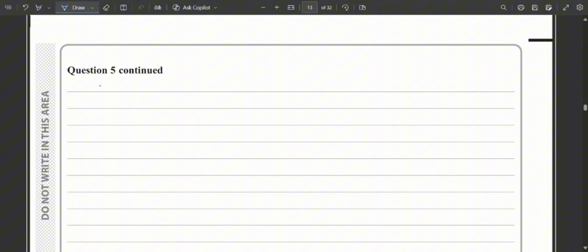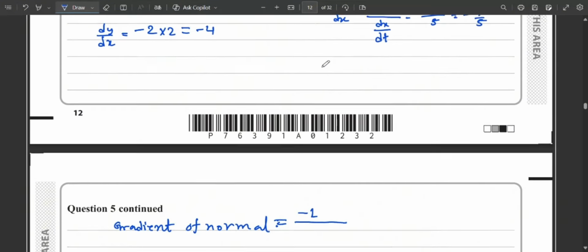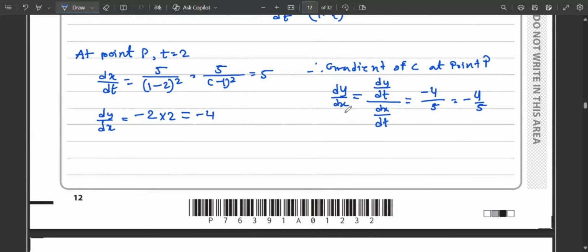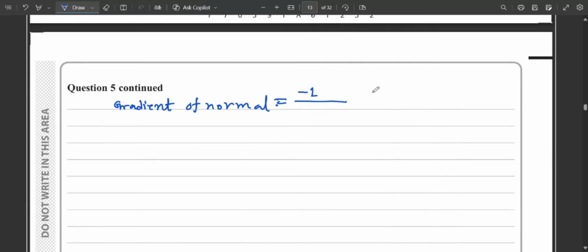So we have to find the equation of the normal at point P. This means that our straight line, the normal, is perpendicular to the curve at point P. In order to find the gradient of the normal, we have to use the gradient dy by dx at point P, and divide minus 1 by it.